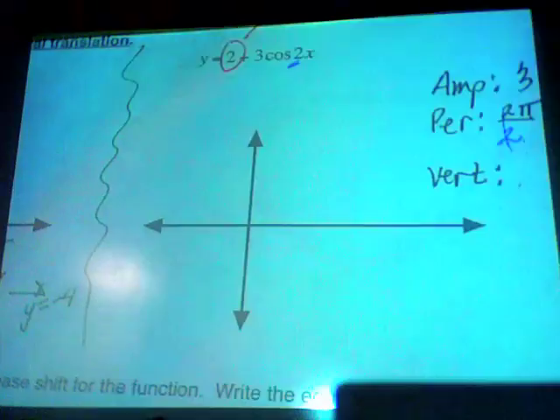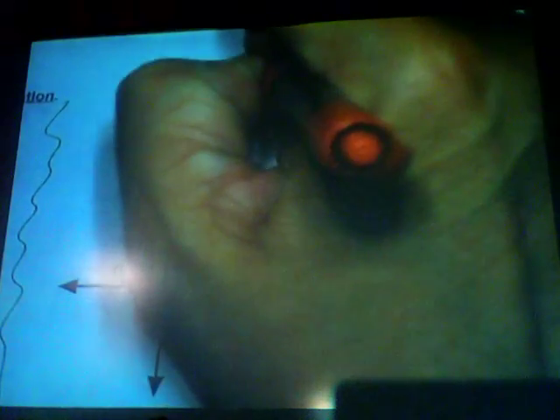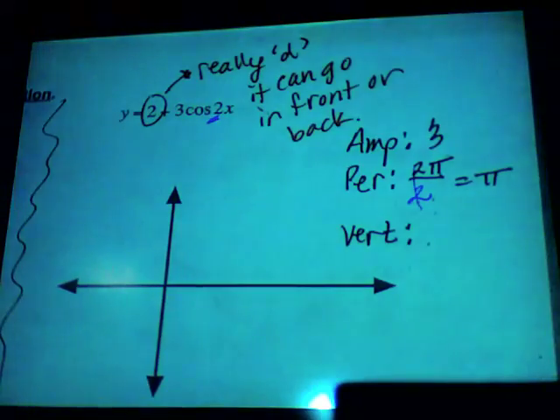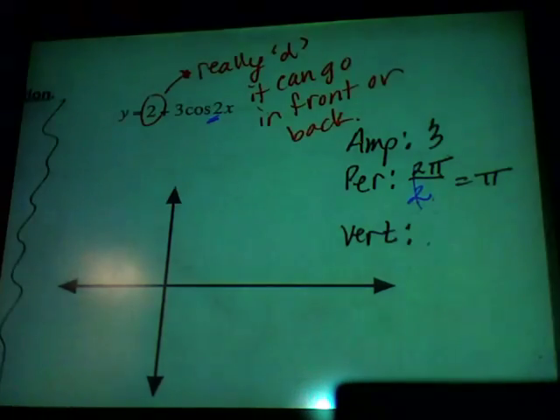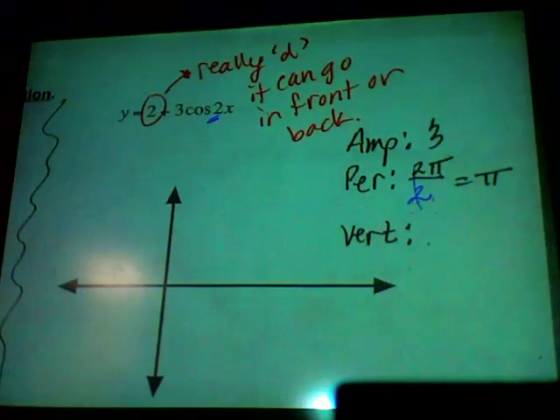This time it is in front, right? So write yourself a note that this is really D, and it can go either in the front or back. They like to switch it up on you because they wanted you to think that that was the amplitude.